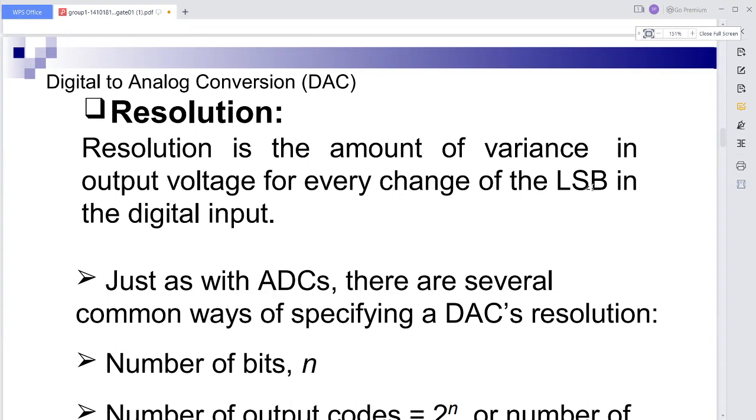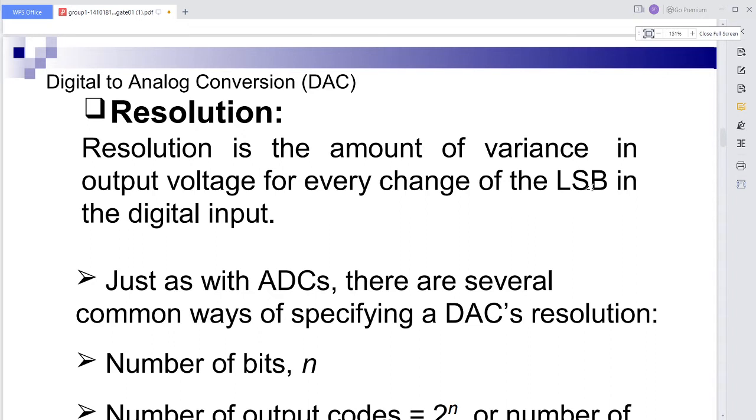The first specification in the digital to analog converter is called resolution. Resolution is nothing but how much the output can be varied for a change of the LSB in the digital input. As we know, in a digital to analog converter, the input is digital data.